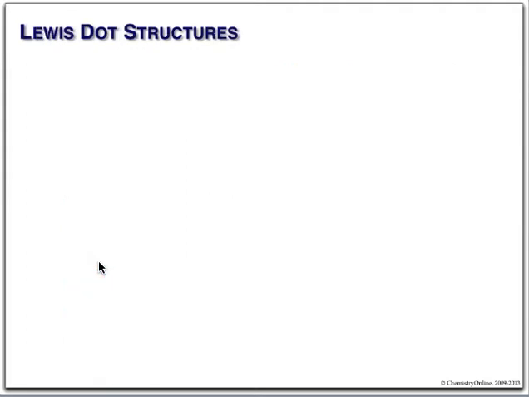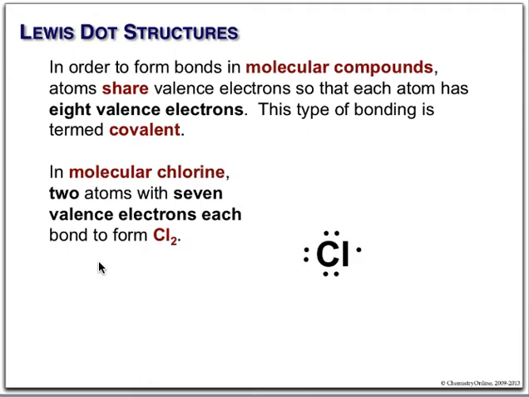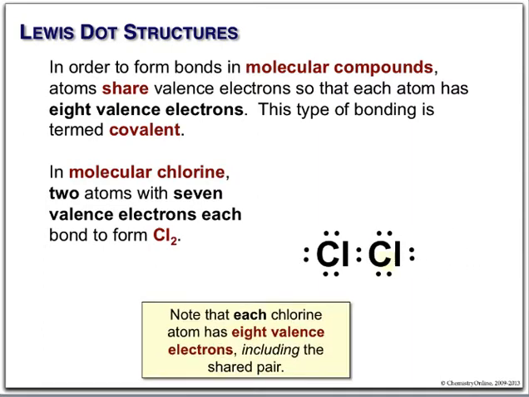Now we can also use Lewis structures to draw covalent bonds. Molecular chlorine exists as Cl2. In order to show a covalent bond in a Lewis structure, you simply start with the atom you're dealing with. Here we're going to move another chlorine up. The electrons that you share between the atoms are counted for each atom.